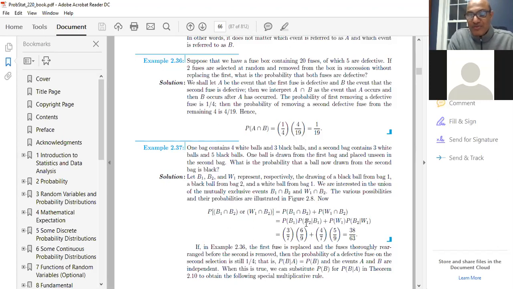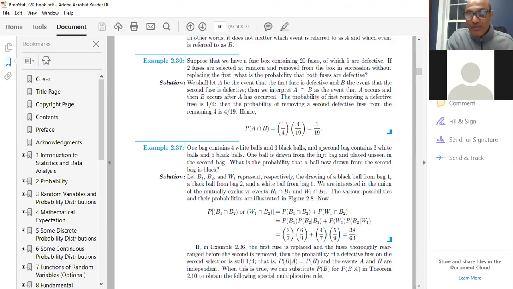B2 given B1. Once you take this ball, and that ball is a black ball, and you put it in the second bag, now how many balls are there? 5 plus 3, 8, and 1 ball from the first bag. So 9 balls are there. Out of these 9 balls, how many black balls? B2 given B1 means you are choosing the ball from the second bag that is black, given that the first bag ball is a black ball.